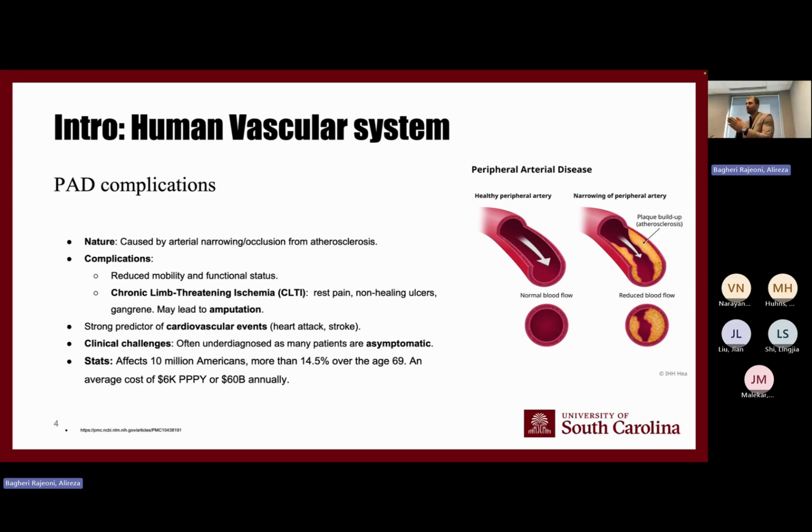The more calcium built up, the less blood is flowing through that tissue, and that can cause pain while walking, or in the critical situation, it can cause gangrene and may lead to amputation. So the patient loses the leg. Also a strong predictor for cardiovascular events as well.